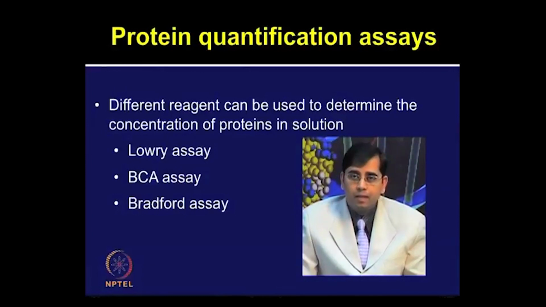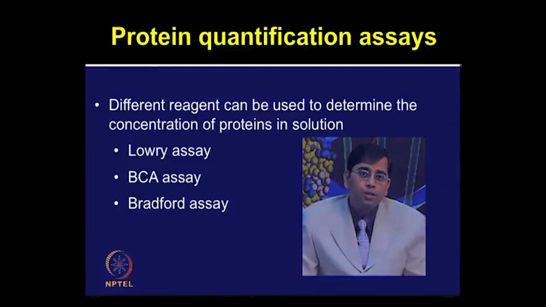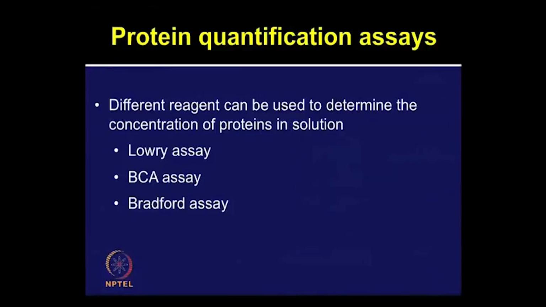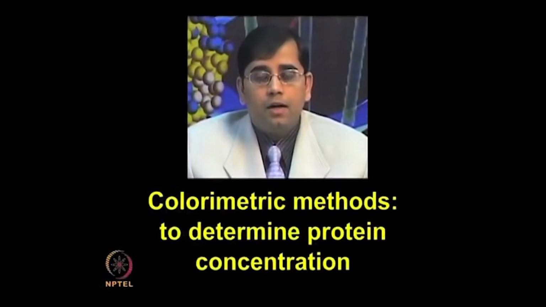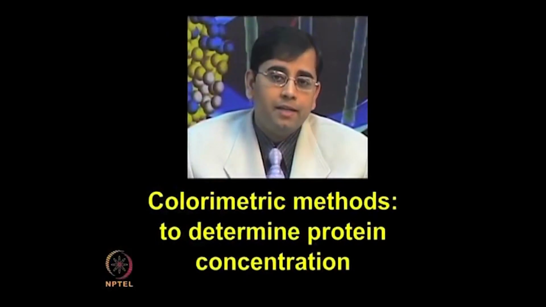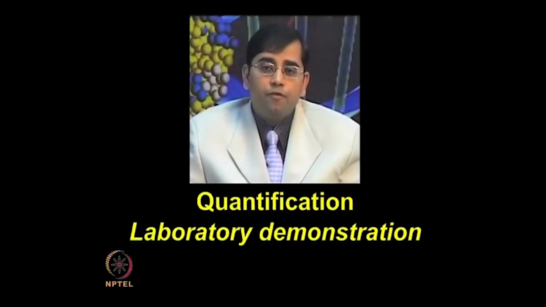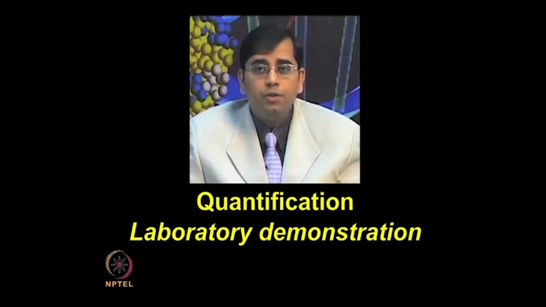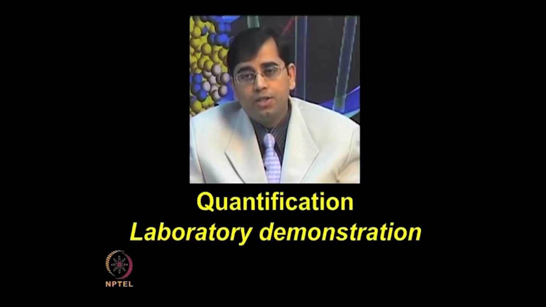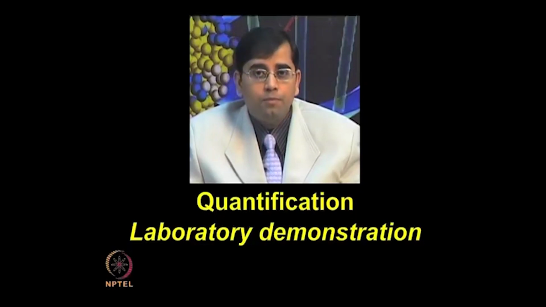There are several other assays as well, but we will talk about these three more commonly used methods. So, let us talk about different types of colorimetric methods to determine the protein concentration. So, how to perform the quantification? Let me show you one video, a laboratory demonstration of how to perform protein quantification.